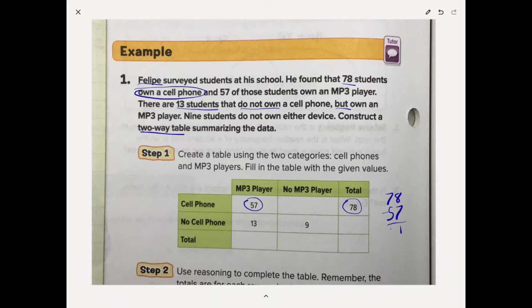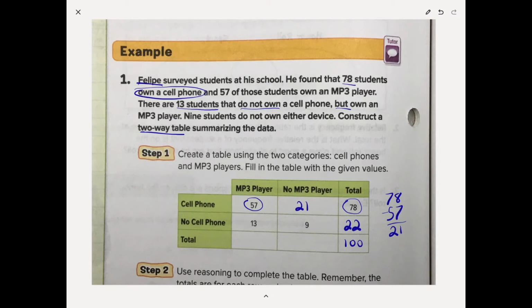That's going to be a 1, that's going to be a 2, and lo and behold, 57 and 21 get us to 78. Our math is good. 13 and 9 will get us to 22. And 22 and 78 will get us to 100, which means that Felipe surveyed 100 people.